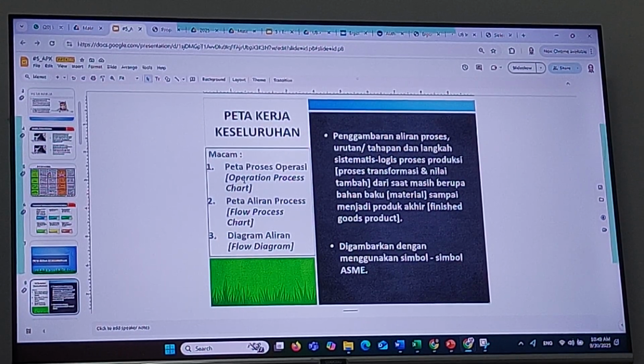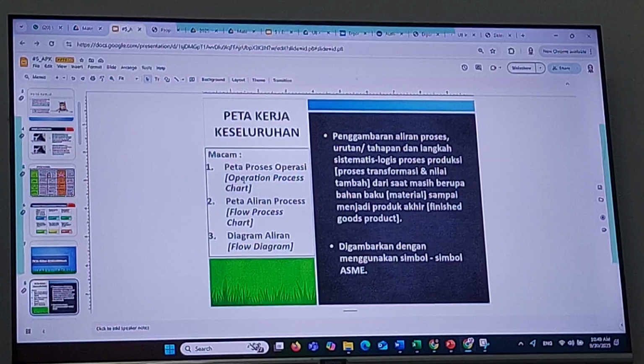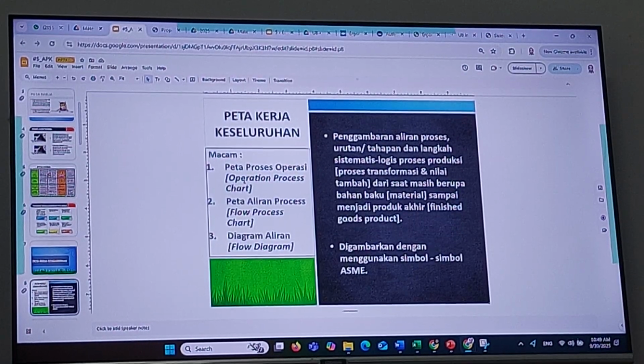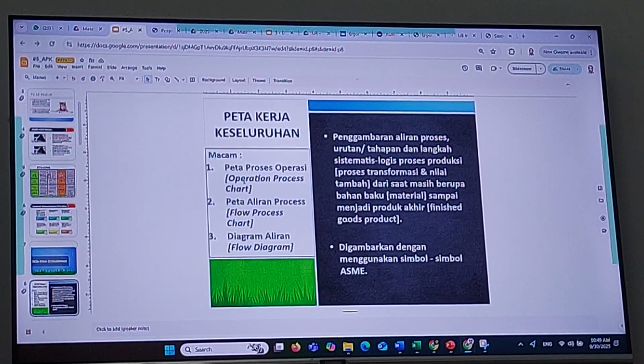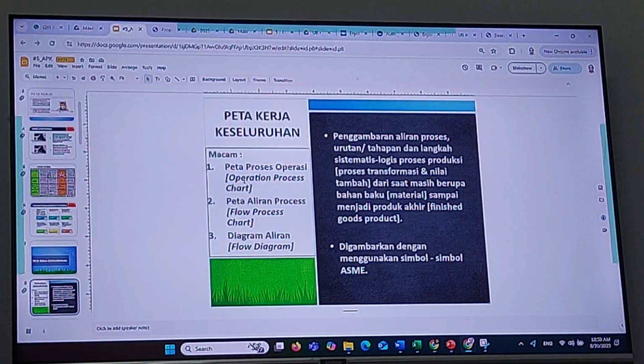And when you choose a manufacturing system, for example, for your final thesis, your final project, you need OPC also. The second is flow process chart, and the third is flow diagram.